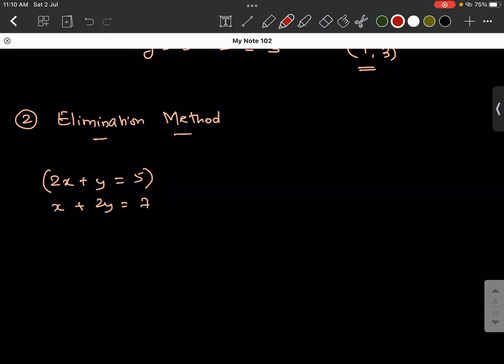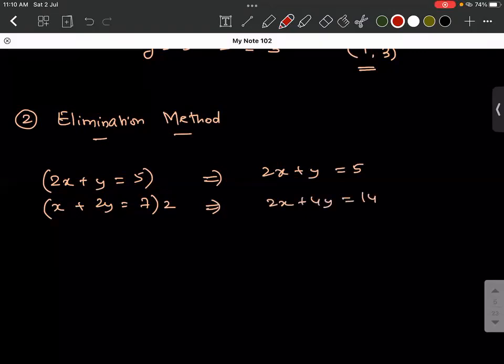So 2x, I'll leave as it is. The first equation I'll not disturb. The second equation I'll multiply with 2. When I do that, I get 2x plus y is equal to 5, and here I get 2x plus 4y is equal to 14. Now subtract both. Minus, minus, minus. Cancel.